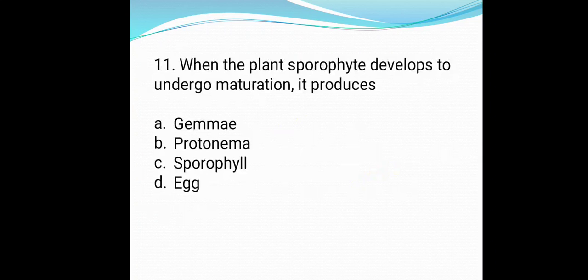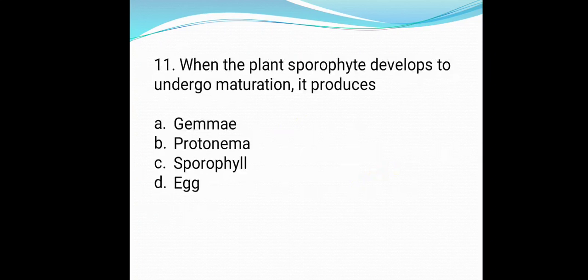When the plant sporophyte develops to undergo maturation, it produces. The options given: gyme, protonema, sporophyll, egg. Here, sporophyll means leaf bearing spores. The word maturation refers to the process of sexual reproduction in plants. During sexual reproduction in higher plants like pteridophytes and gymnosperms, cones are produced, which are aggregates of sporophylls.